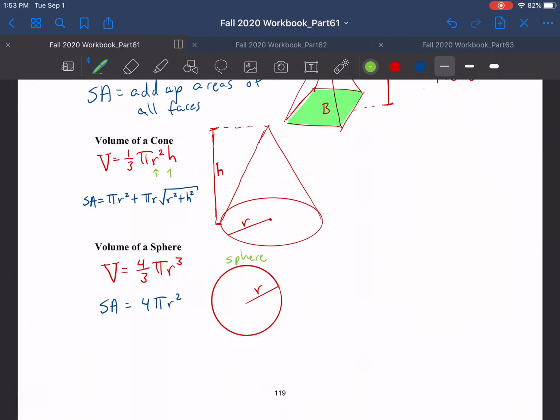R squared h, so that's r, r, and then h, so that gives us the 3 sides. This one down here, r squared, that's 2 sides. And then over here we have an r squared and an r squared, right? But we're taking the square root. So the square root of a side squared is just that side. So underneath that square root, we end up entirely with just a single length.